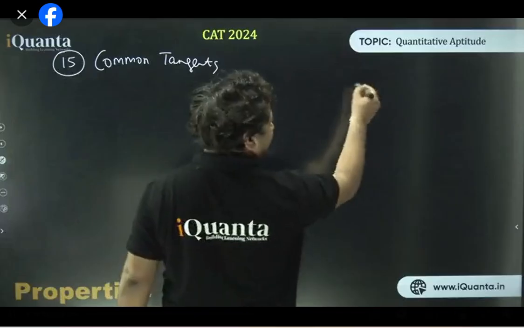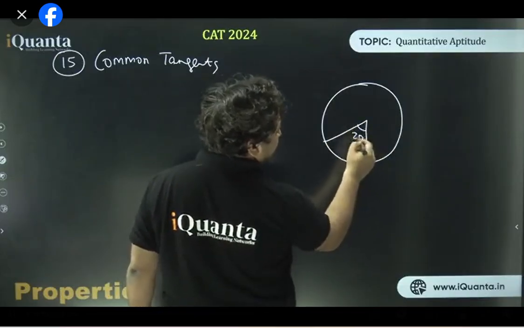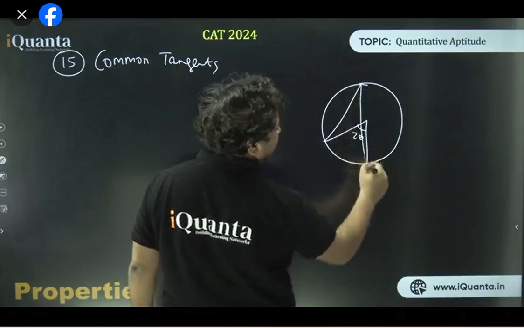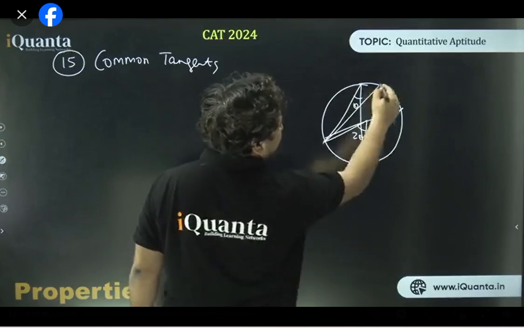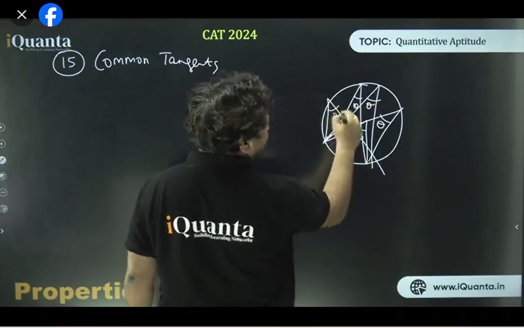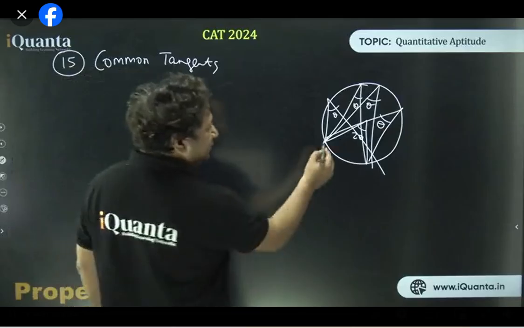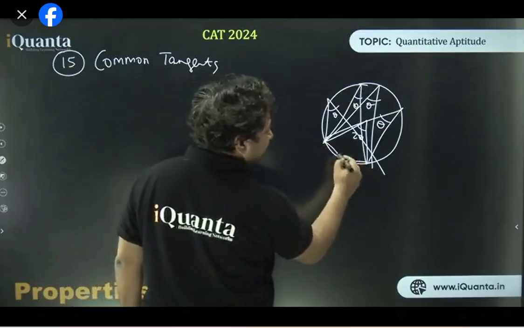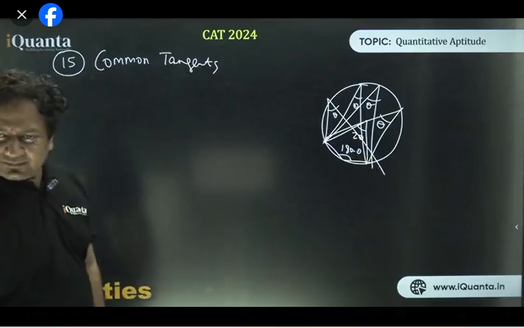So see, I told you from an arc, if this is 2 theta, this will be theta. So you put it anywhere with theta everywhere, isn't it? It's the same thing. Extension of its property only. Right? The minor arc, cyclic quadrilateral बन जाएगा, it will be 180 minus theta. I think you know this. Right?